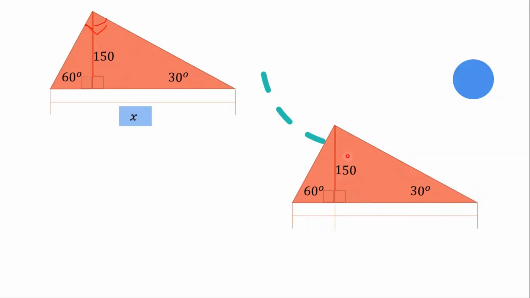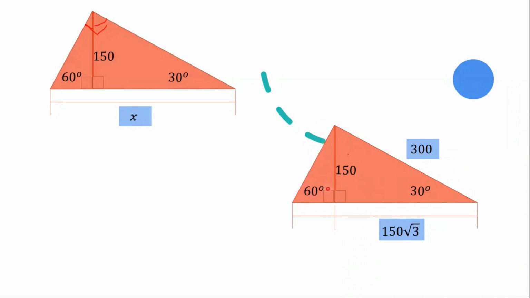Since we have here 150, which is opposite the 30-degree angle, the hypotenuse is on this side, because it's the 90-degree angle, so the side opposite this is the hypotenuse. Therefore, this side here is 300, which is twice 150. So if this is 300 and this is 150, the side opposite 30, we multiply this by square root of 3. So this is now 150 square root of 3.